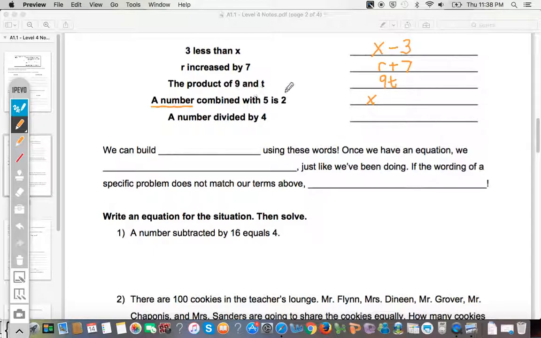X combined means plus, with 5, is, which also means equals, 2.